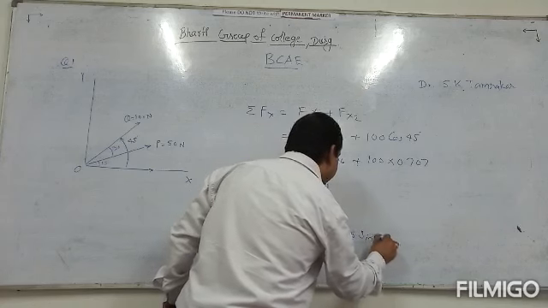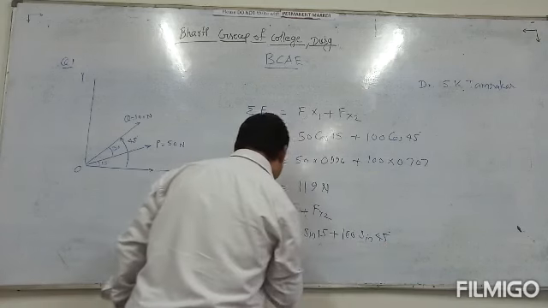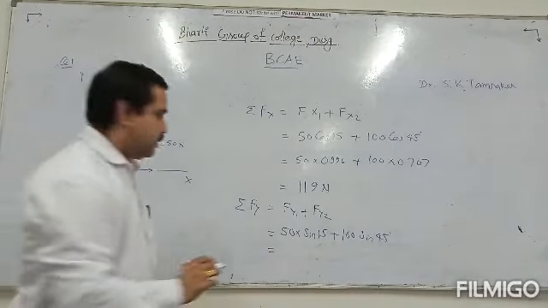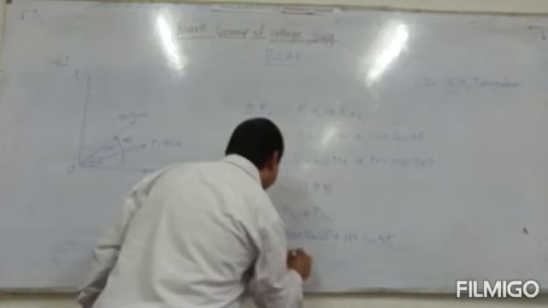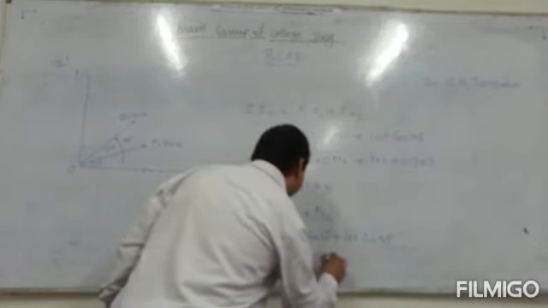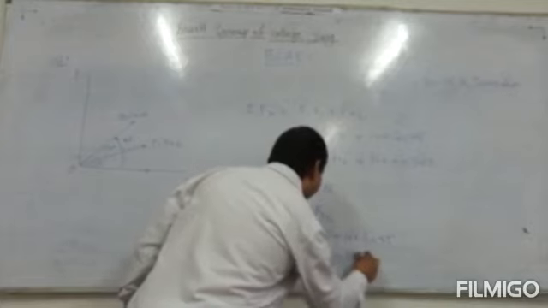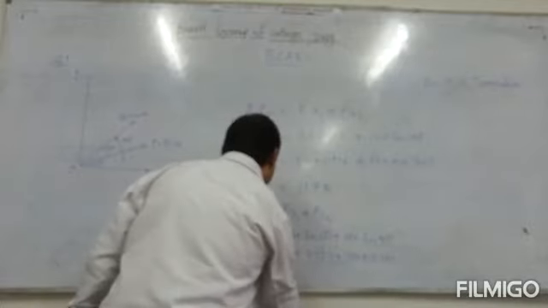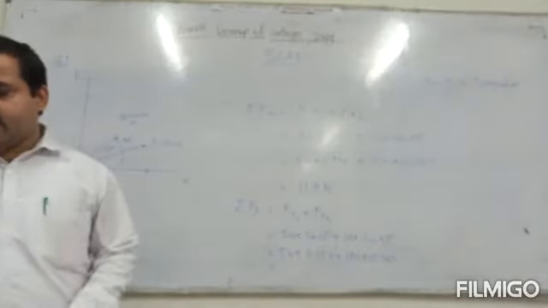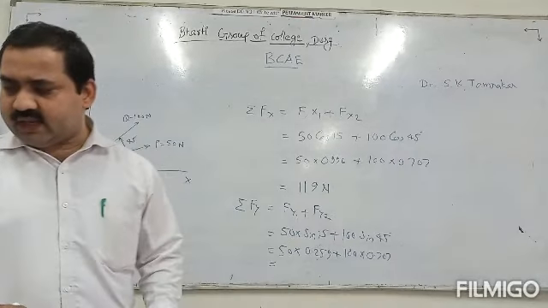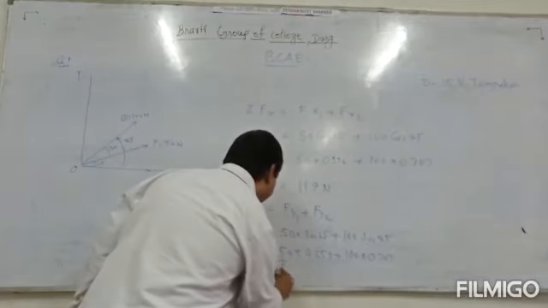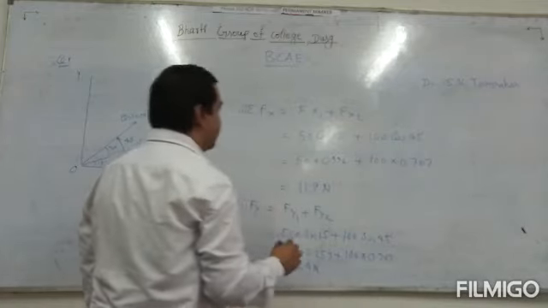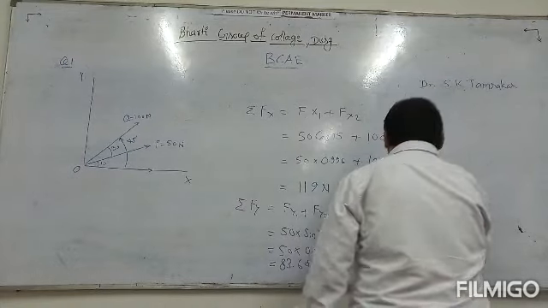So this value comes 50 into 0.259 plus 100 into 0.707. So this value of Fy comes 83.64 Newton.